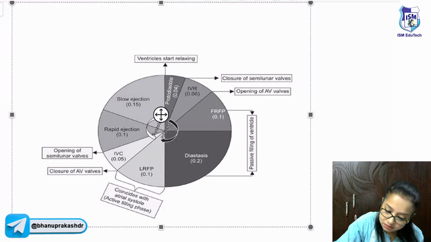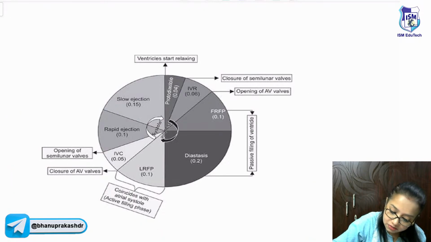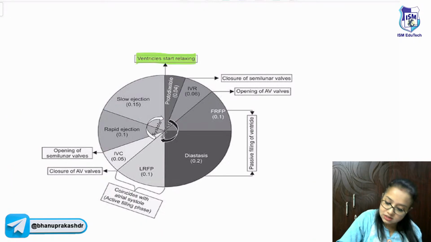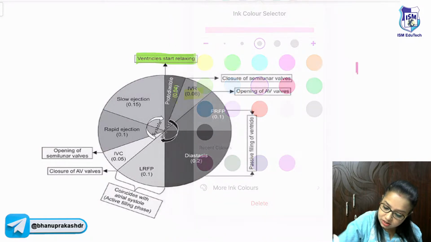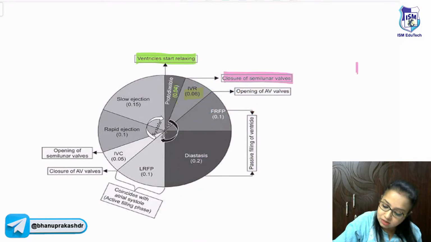So here you see it starts with the ventricle relaxing, which is the diastolic phase. First we have the protodiastole as we studied, which is 0.4 second. Then is isovolumetric relaxation, designated as IVR, and the important event as we mentioned in the writing itself: here the semilunar valve closes.